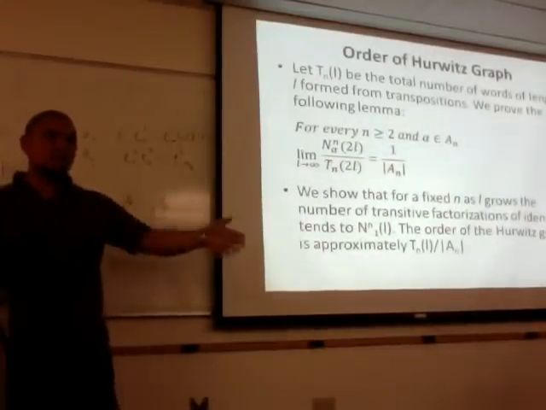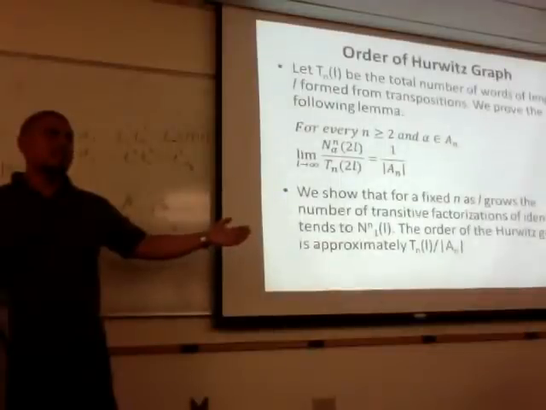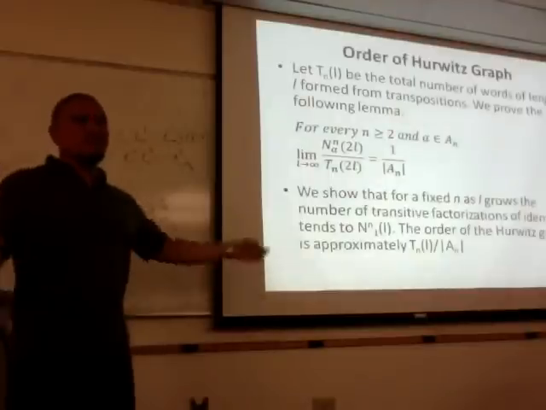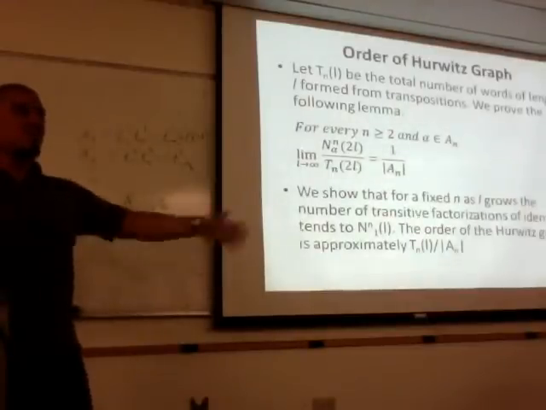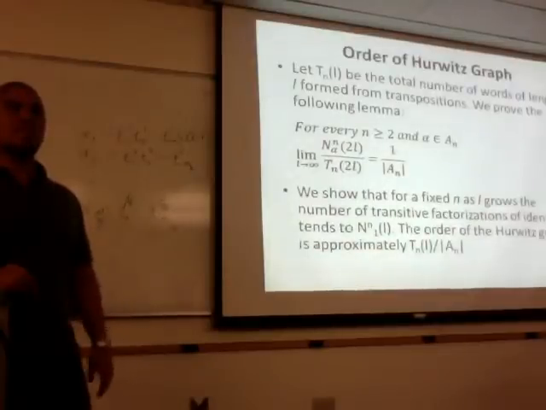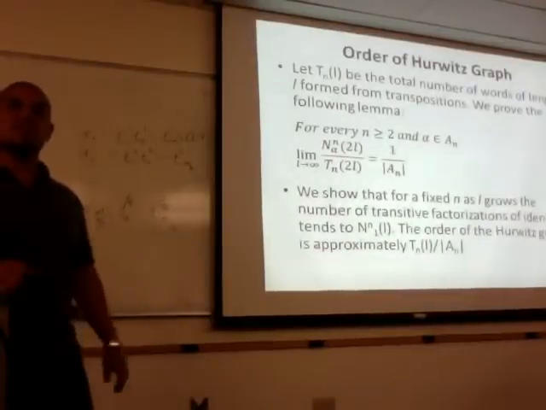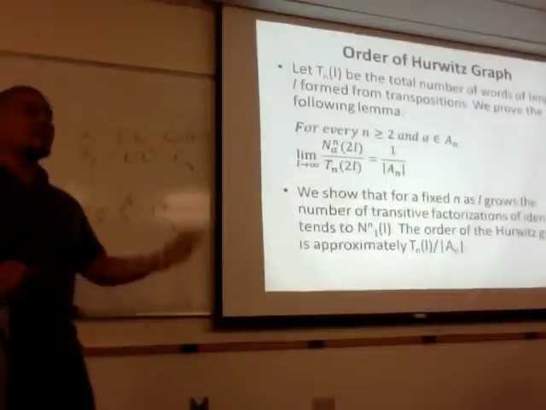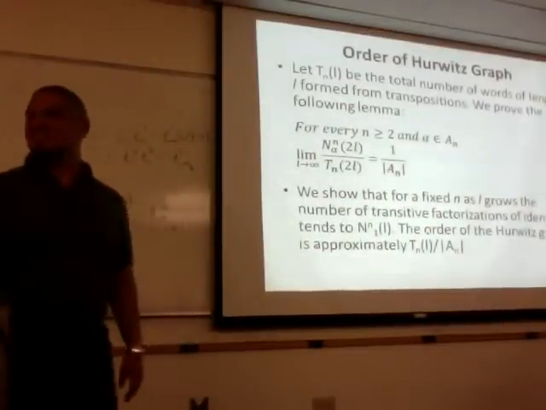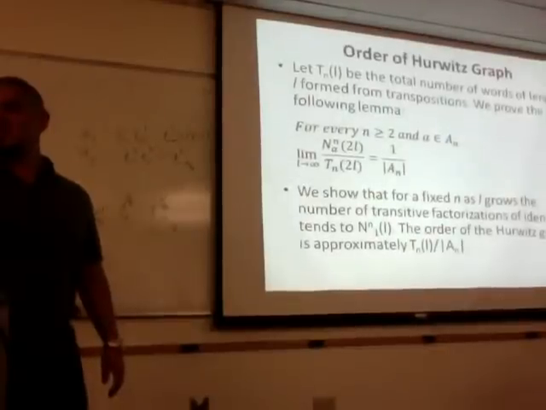And as L increases, what do you have? You have that it tends to 0. And so in general, this is the reason that the transitive factorizations for long enough L end up being pretty much close to the number of total factorizations of identity. So again, I went to probability. There is a place for it in this sort of geometric question.